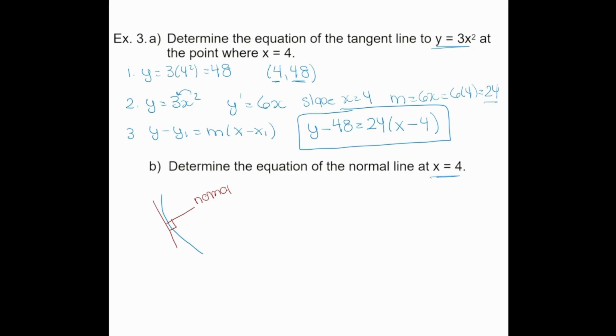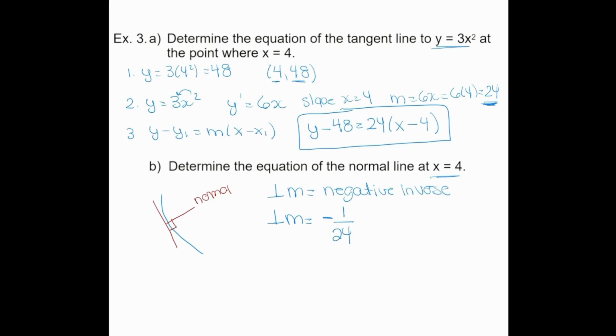So we know that the perpendicular slope, just to remind you, is the negative inverse or negative reciprocal of the original slope. So my perpendicular slope in this case, if my original slope was 24, my negative inverse will be negative 1 over 24 for my slope.